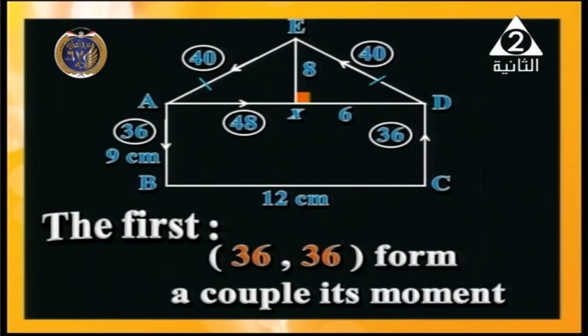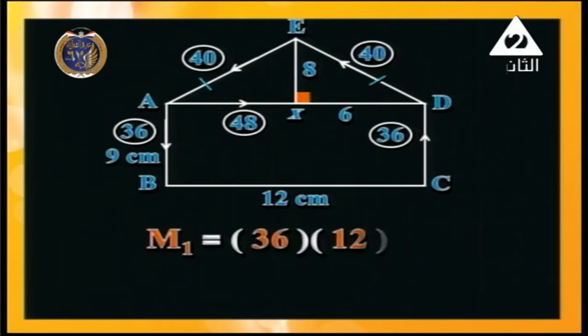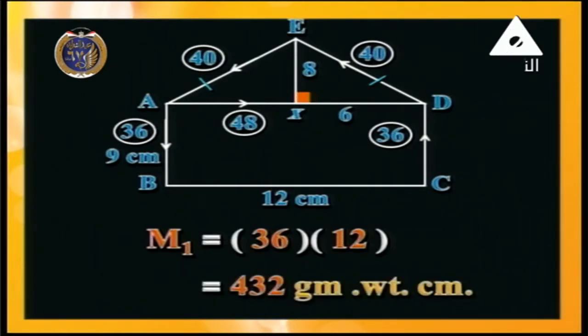Its moment M1 is 36 times the length 12, which equals 432 gram weight centimeter. This is the moment of the couple of the two forces 36 acting on AB and CD, with distance between them 12 centimeter.